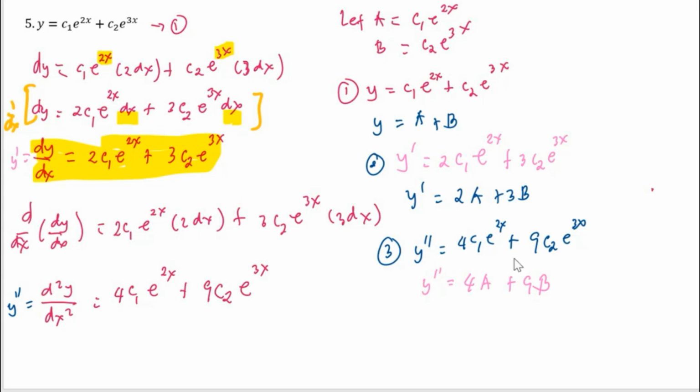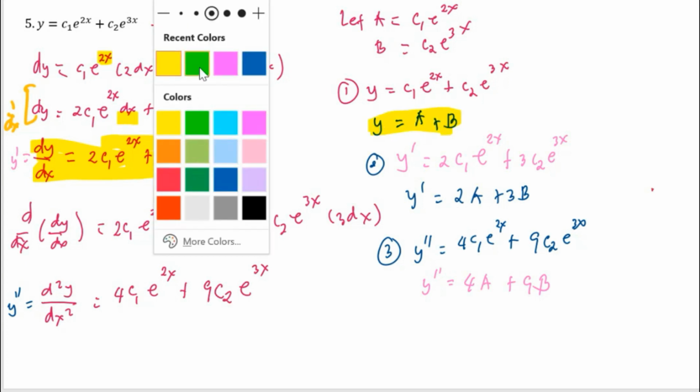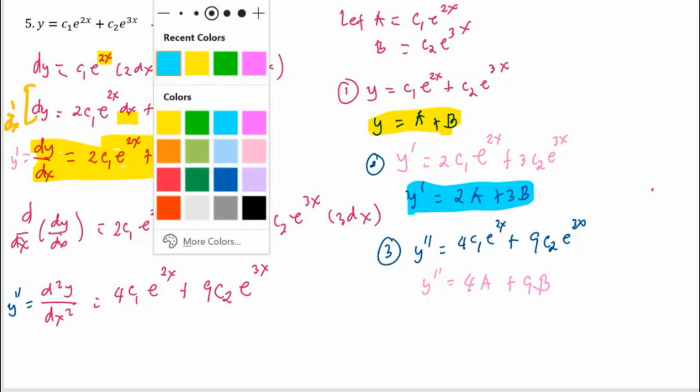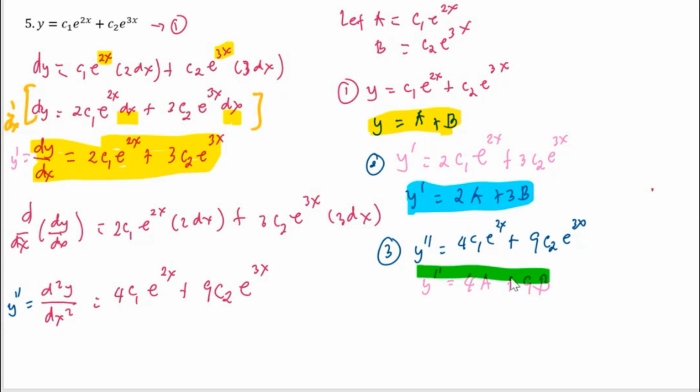So that we have now the three equations. The first one is this one, the second one is this one in terms of a and b, and the third one is y double prime equals 4a plus 9b.